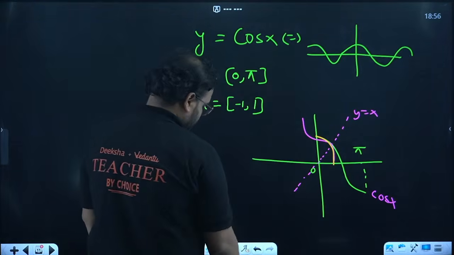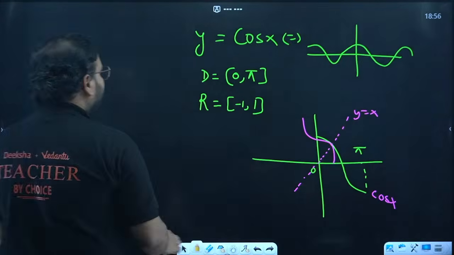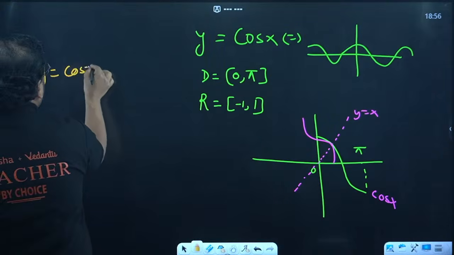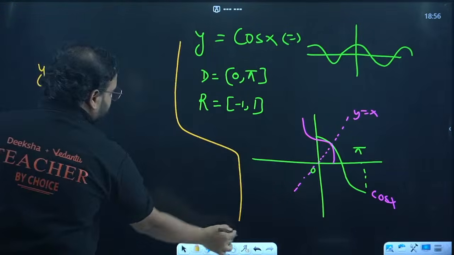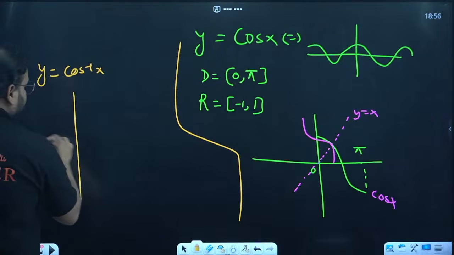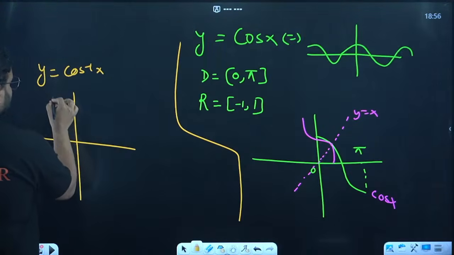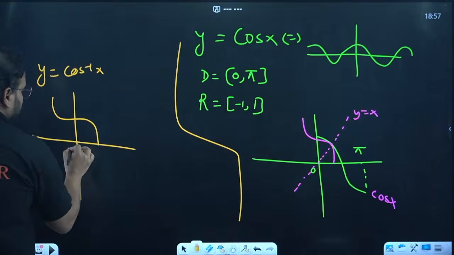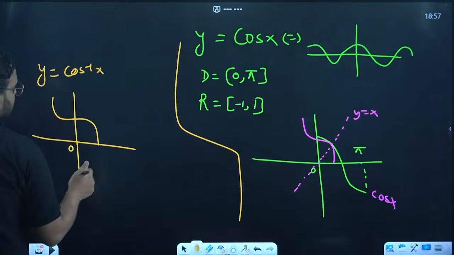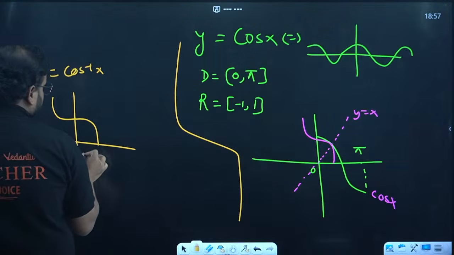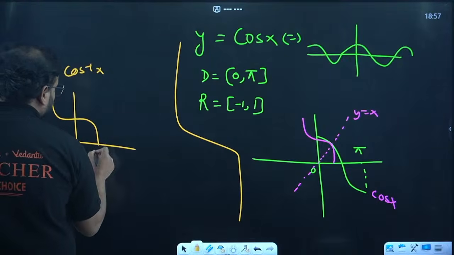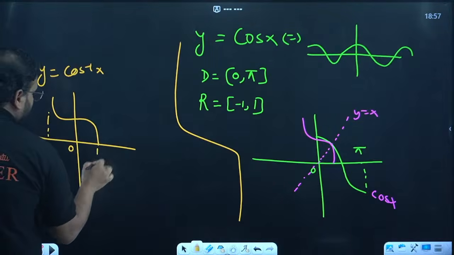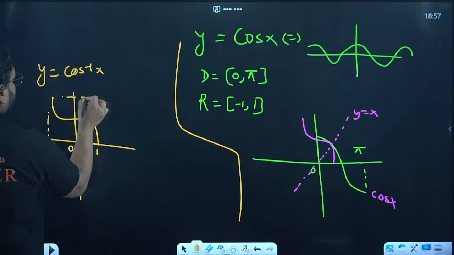Okay, so my final graph of cos inverse of x, which is y equal to cos inverse of x, goes like this. It starts from here. This is the point 0, of course the origin, and the input over here will be minus 1 to 1, and this will be 0 to pi.